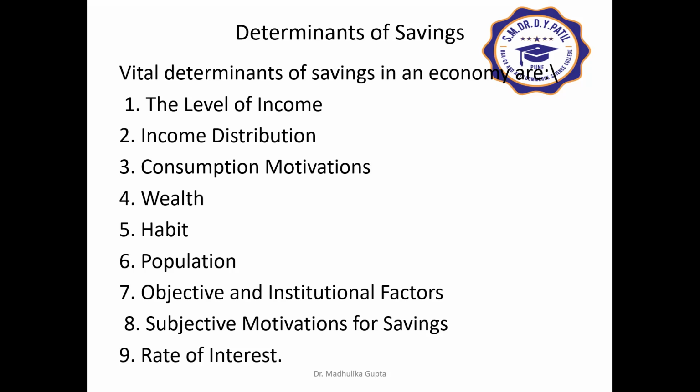So, by nature of his habit, when a person is a spendthrift, his savings will be relatively less out of the given income than that of a person who considers saving as a virtue, of course. So, thus, aggregate saving in an economy depends upon the types of habits of the people in general in the economy. Getting my point? So, habit conforms to the standard of living of the community.